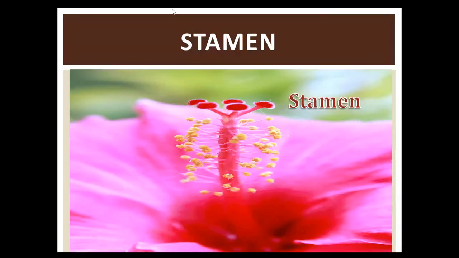You can see here in the figure, this bag like structure is known as anther, and a long tube is coming in, and this long tube is known as filament. So stamen has two parts. First one is anther and second one is filament. We will study about this in more detail later on.